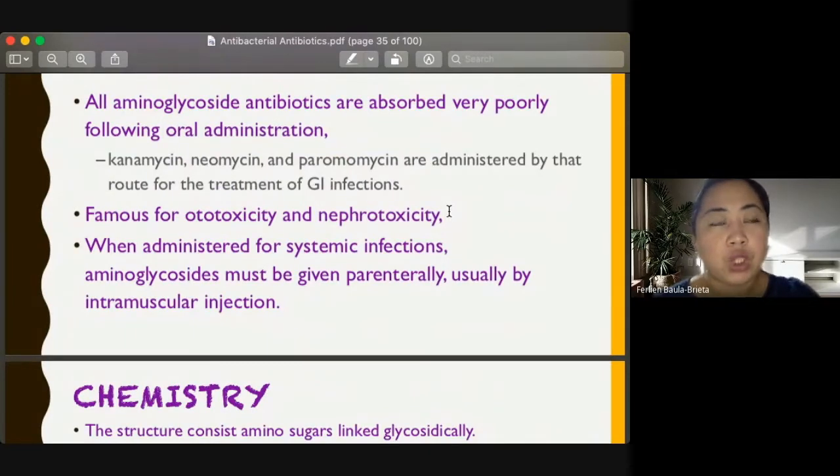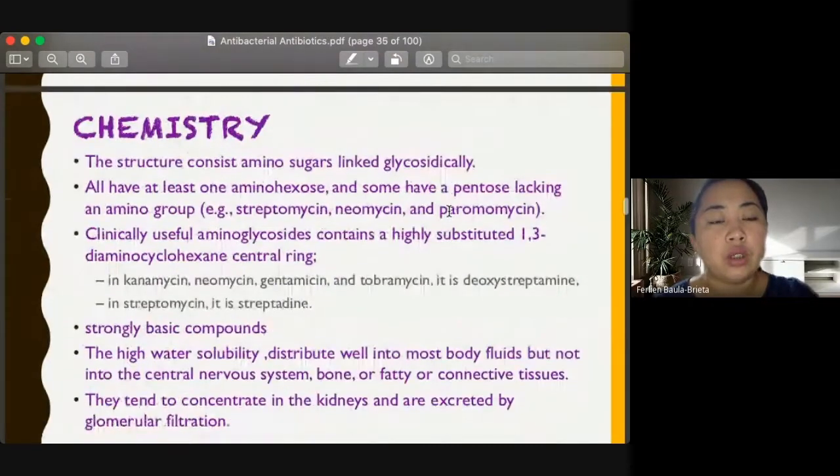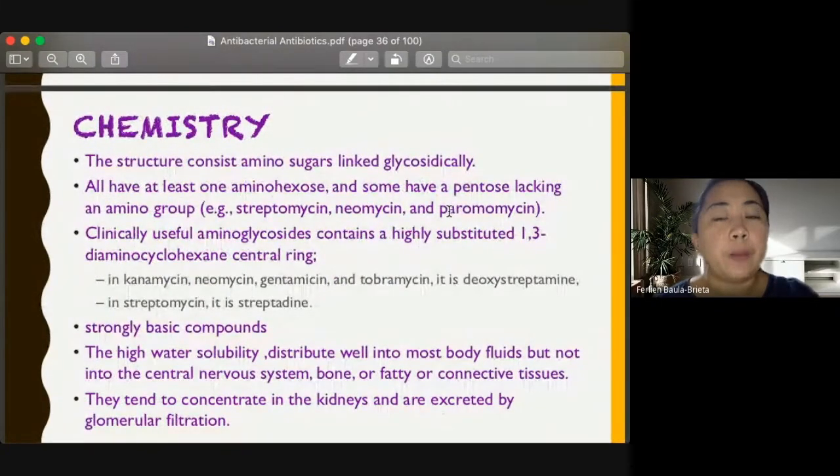So if our patient has bad kidney function, then we should not give aminoglycosides as a first choice, because it's a very polar drug, highly water soluble, excreted and concentrated in the kidney, and if our kidney fails, then it cannot excrete our drug. Aside from the fact that it can cause nephrotoxicity, it can also cause accumulation later on.